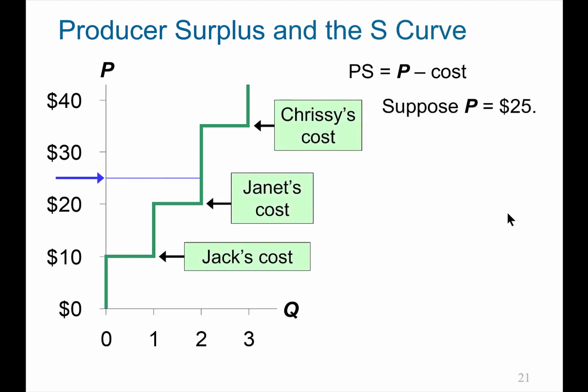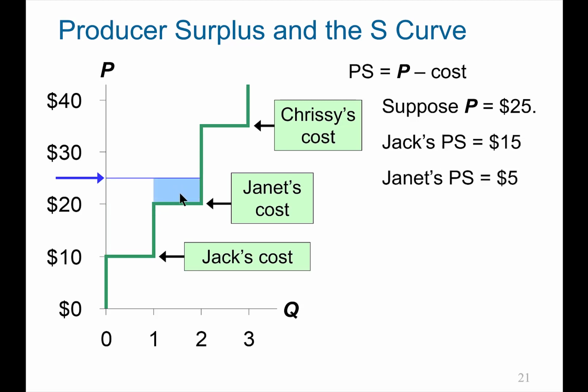And so suppose the price is $25. Ask yourself who would be willing to provide a unit to the market, mow a lawn. Well, Jack would, because his cost is only $10. His producer surplus is going to be $15, 25 minus 10, and he'd provide 1 unit. And Janet would too.